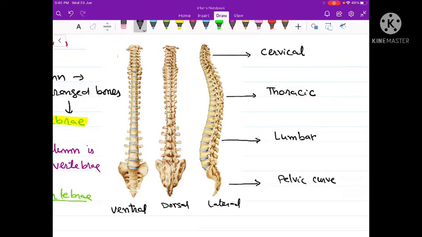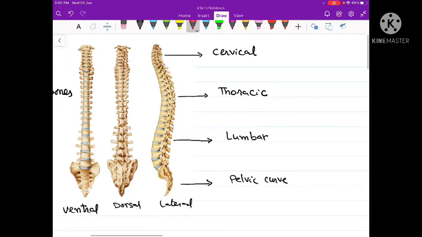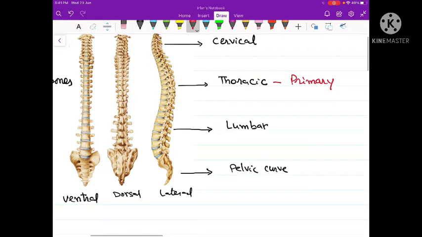Out of these 4 curves, 2 curves are present right from birth. A human baby is born with only 2 types of curves, and 2 curves develop after birth. The 2 curves that are present right from birth are called primary curves. For example, the thoracic curve is a primary curve because it is present right from birth, as well as the pelvic curve.